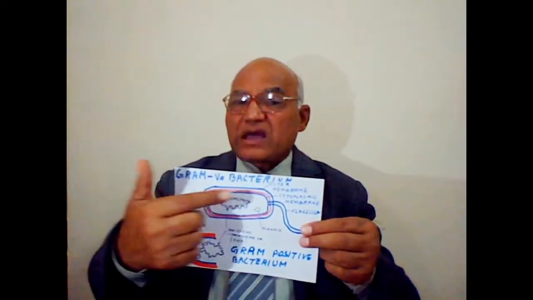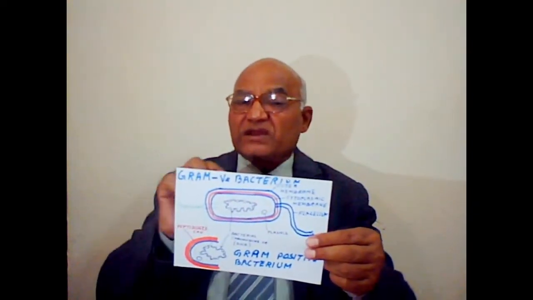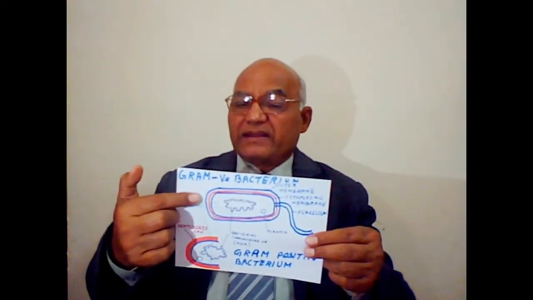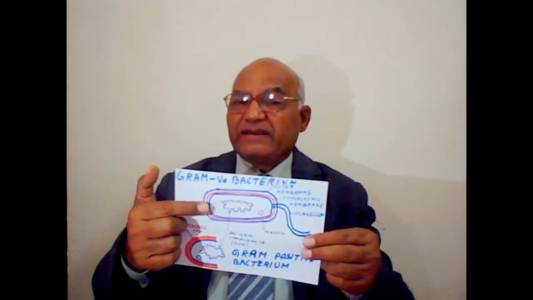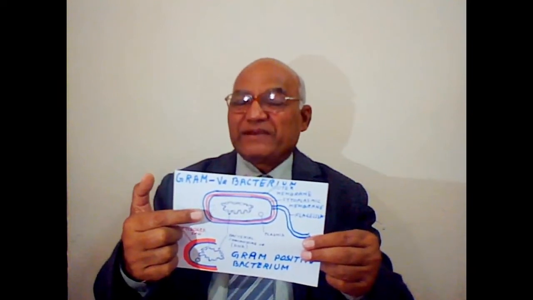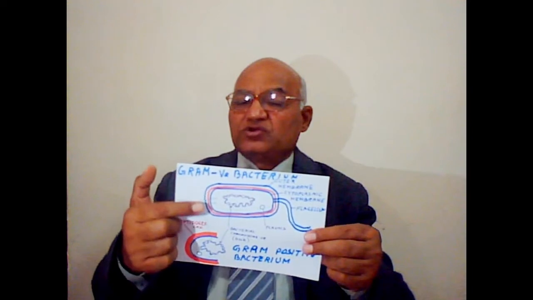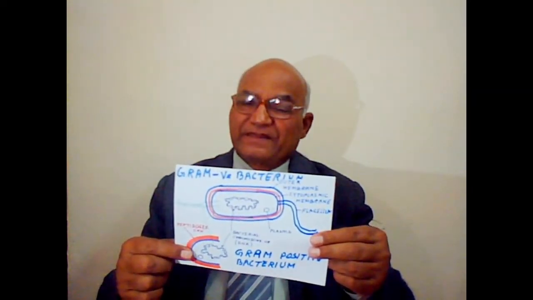In case of the gram-negative bacterium, which is here above, you see there are two membranes, outer membrane and inner membrane. The inner membrane is also regarded as the plasma membrane or cytoplasmic membrane. In between the two membranes, which are shown here with the blue color, is a space.